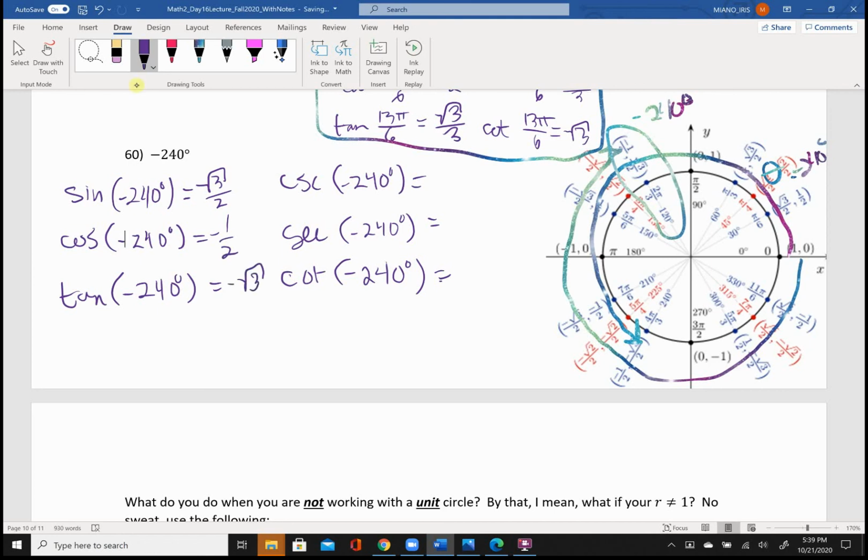So you've got to do the math there. And then the cosecant will be 2 root 3 over 3, which is the reciprocal of the sine. And then the secant will be negative 2, which is the reciprocal of negative 1/2. And then finally the cotangent will be negative root 3 over 3.